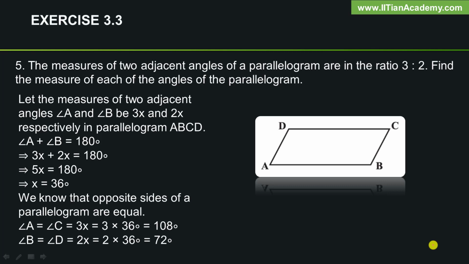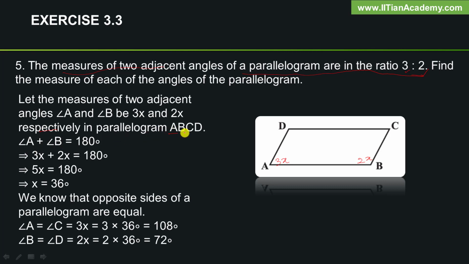Question 5. Here, we have to find the measure of each of the angles of the parallelogram, when measures of two adjacent angles of a parallelogram are in the ratio 3 to 2. Let the measures of two adjacent angles A and B be 3x and 2x, respectively, in parallelogram ABCD.